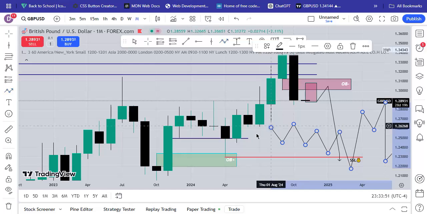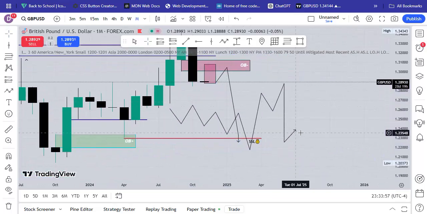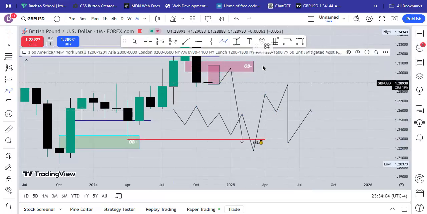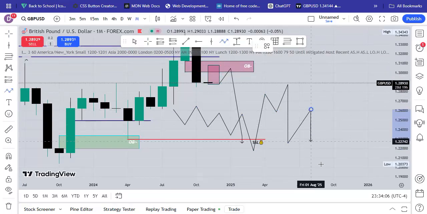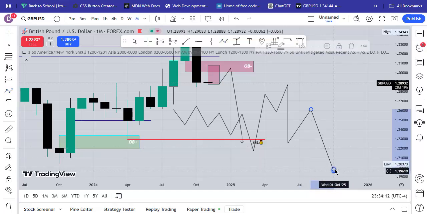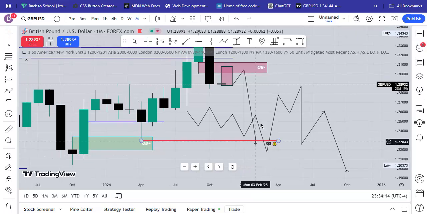My mouse is messed up, I apologize for that. So we could have price return to this point here, and then drop down from here really hard. Let me delete this.